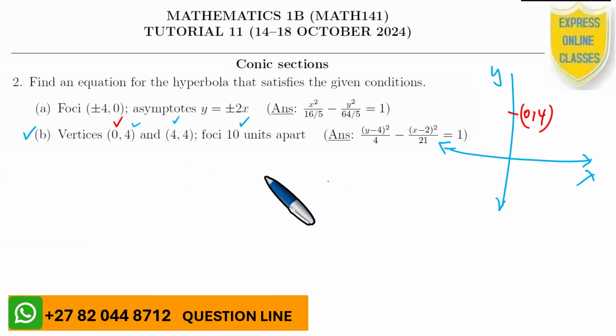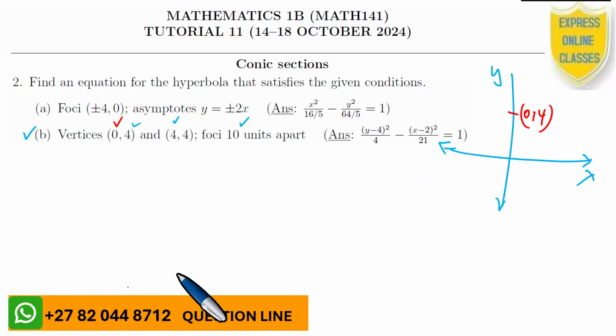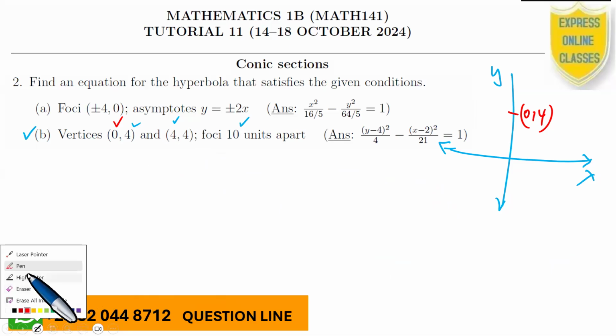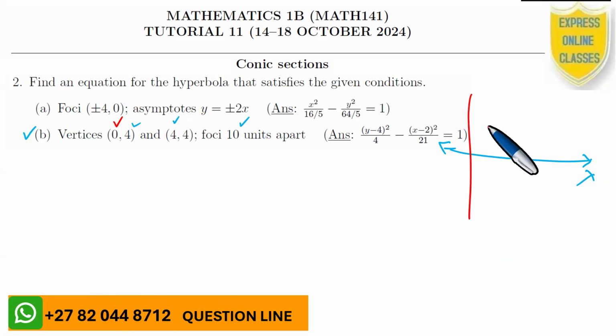And then the other one, y is 4 and also x is 4. Just to create a bit more space here. So you have this one that says y is 4, and there's a point here that says 4, 4.